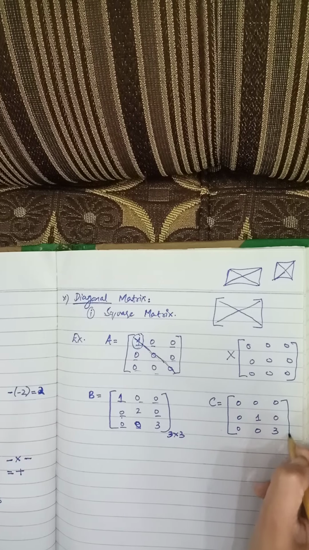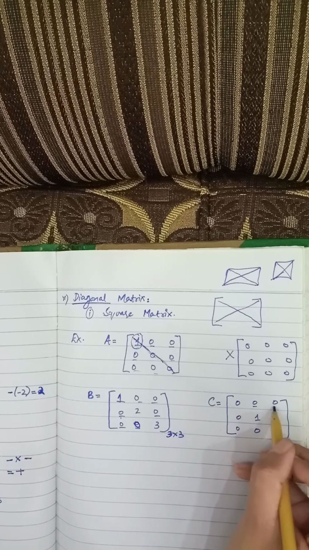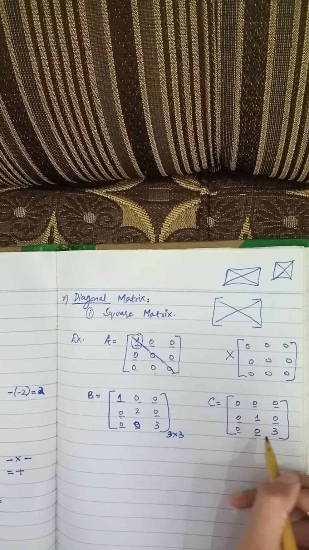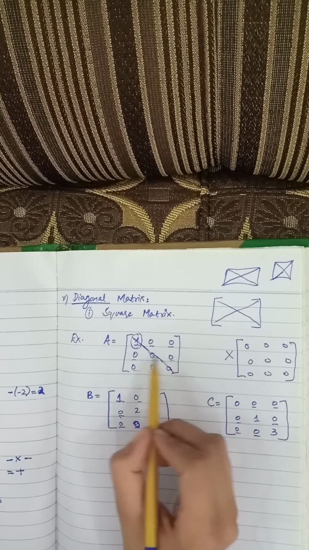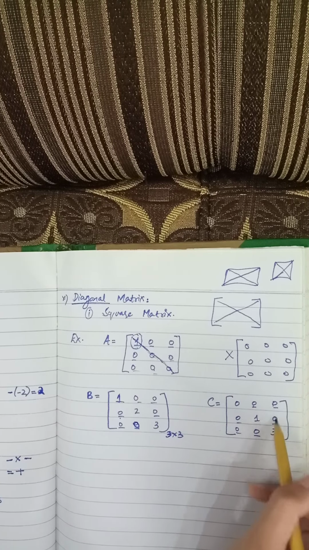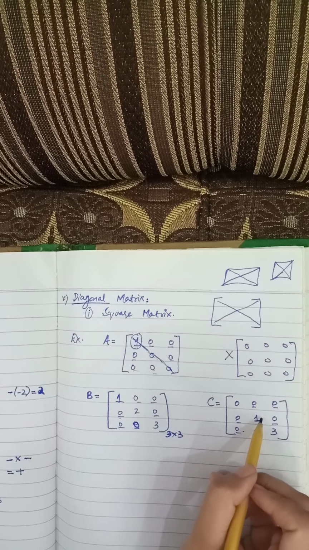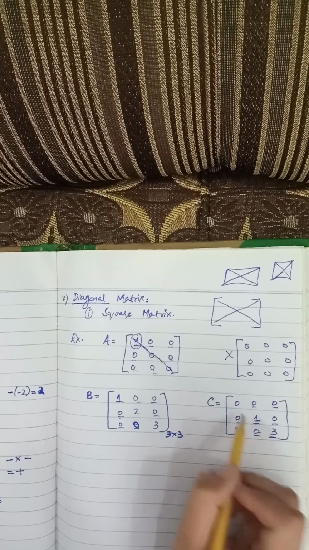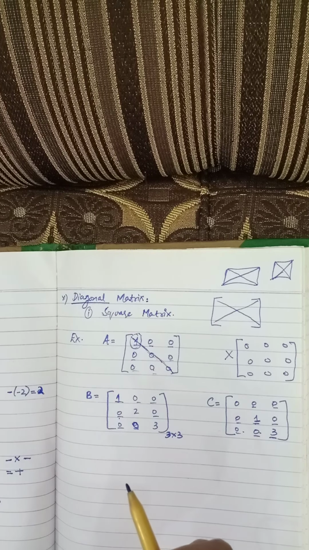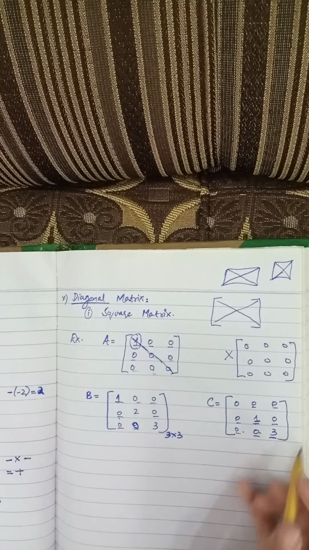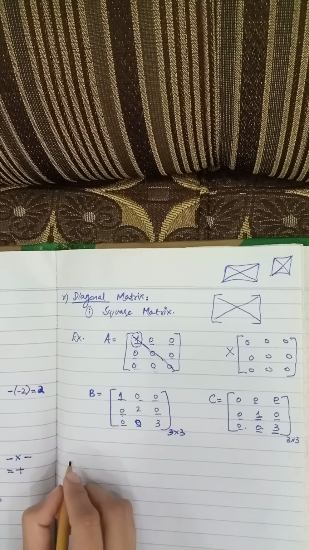Is that a diagonal matrix or not? Yes, definitely it's a diagonal matrix. The entries which I first mentioned would be 0 are 0 here. And the diagonal has two entries which are non-zero. So it's a diagonal matrix too. They are diagonal matrices of 3 cross 3.